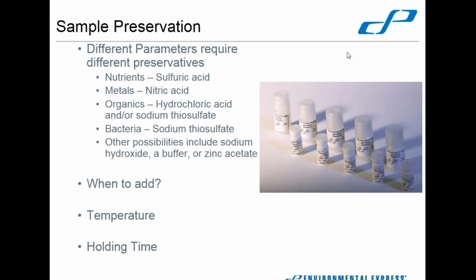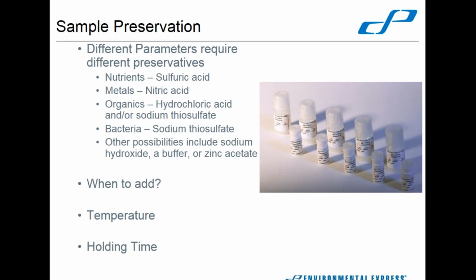Once you've got your sample, there are lots of different preservation requirements. Most commonly, almost every sample gets held at a lowered temperature. So they get shipped on ice so that they cool down and the chemical activity is greatly reduced at lower temperatures.